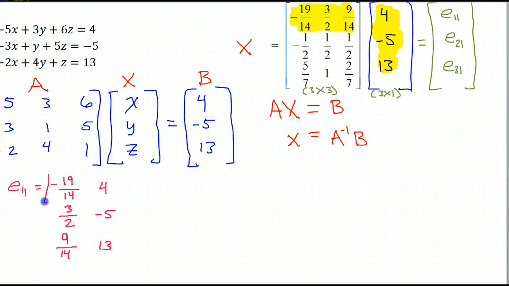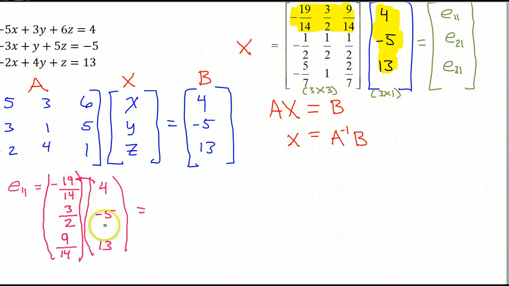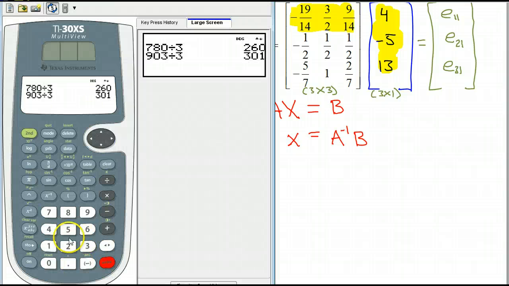We are supposed to multiply these, row by column. So I need to do 4 times 19. I really just multiply the numerator here because it's 4 over 1. And you know what? I don't know that off the top of my head. Okay, 76.